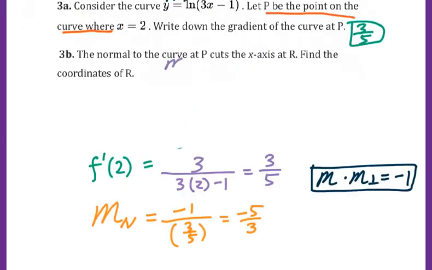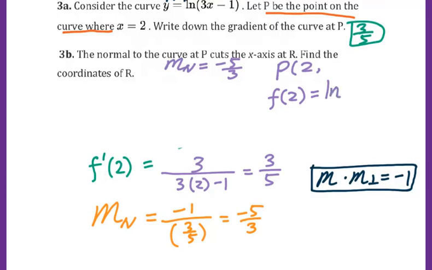After we got the slope of this normal, that is -5 over 3, we can also get the coordinate for this P. x will be 2. We plug in 2 into the original function.